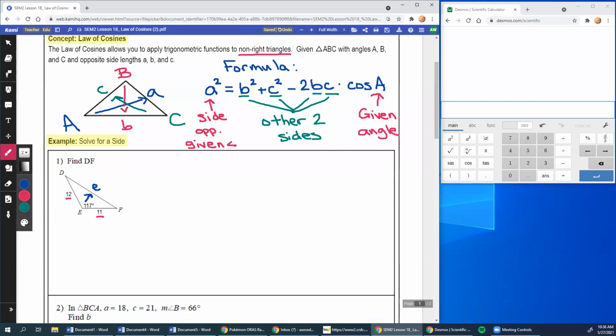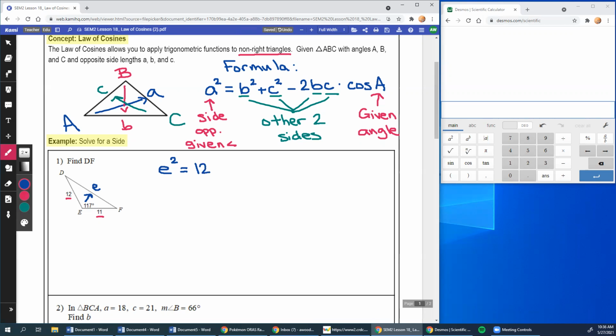And then we have our other two sides. So a squared is going to be the side opposite the given angle. My given angle is 117 degrees, so the side opposite is e. So e squared is equal to b and c are my other two sides. It doesn't matter the order.